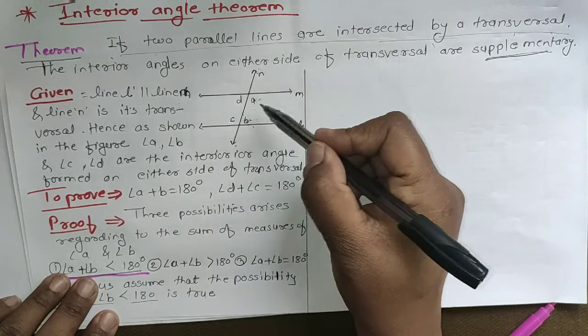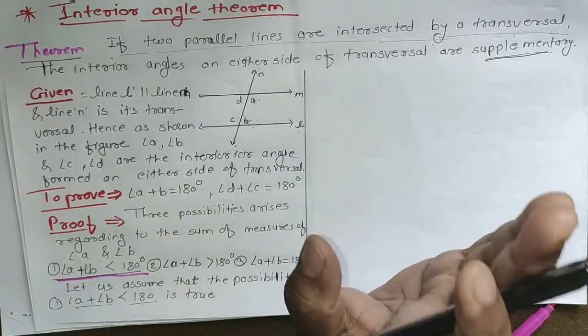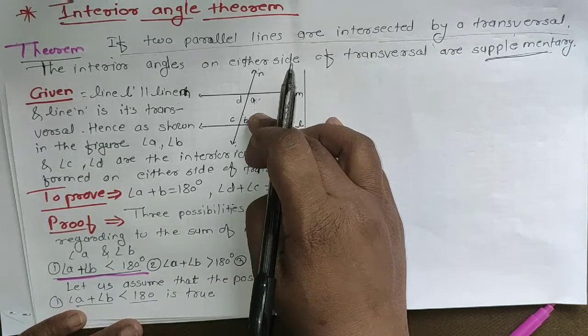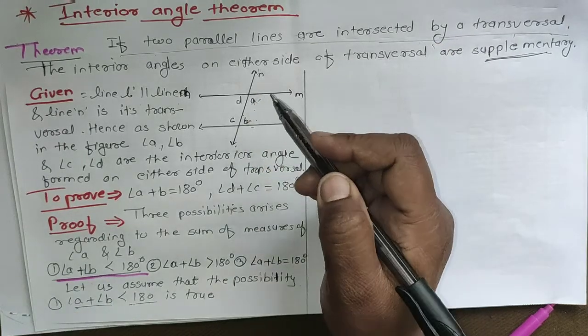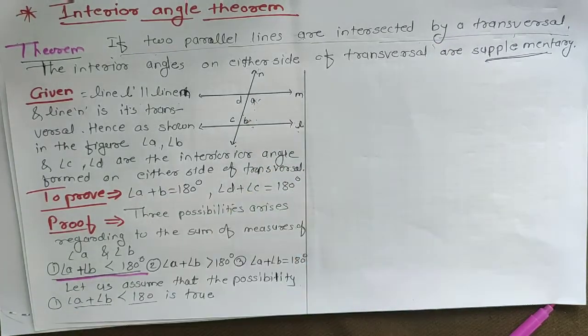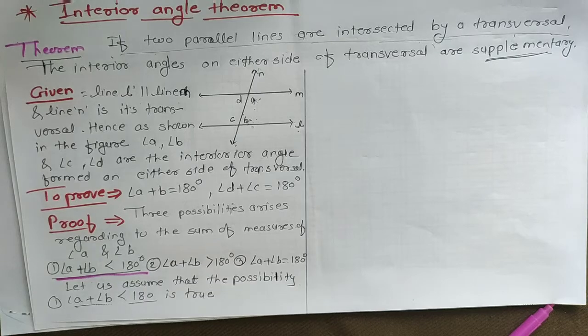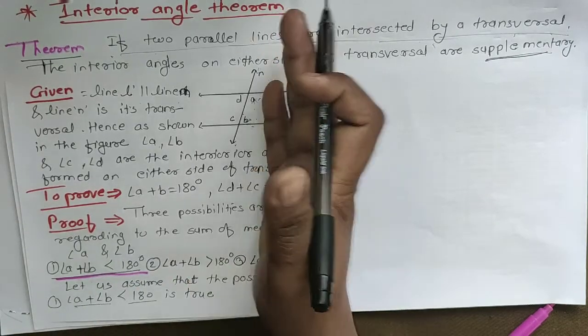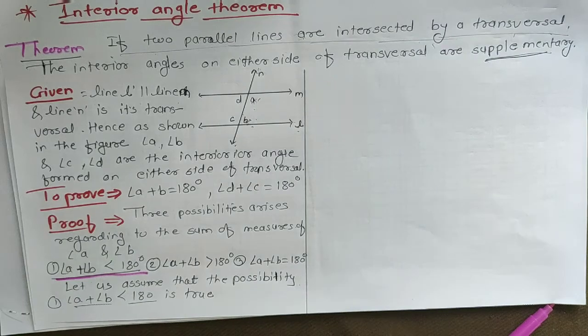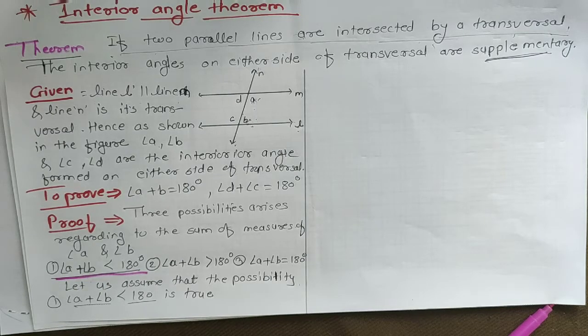Euclid said that if the measure of A plus B is less than 180, then these two lines intersect each other on that side. That is Euclid's postulate. So whatever we are assuming, that A plus B is less than 180, we have to show is wrong.